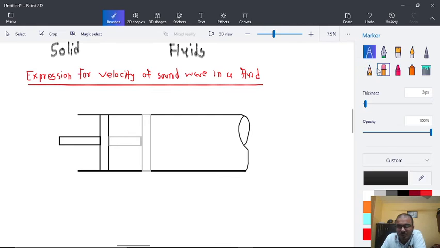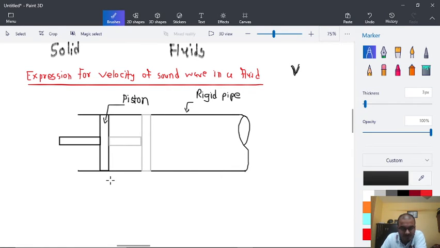Let's write down the nomenclature now: this is the piston, this is the rigid pipe, and the velocity of the piston, let's say, is v. V is the velocity of piston.